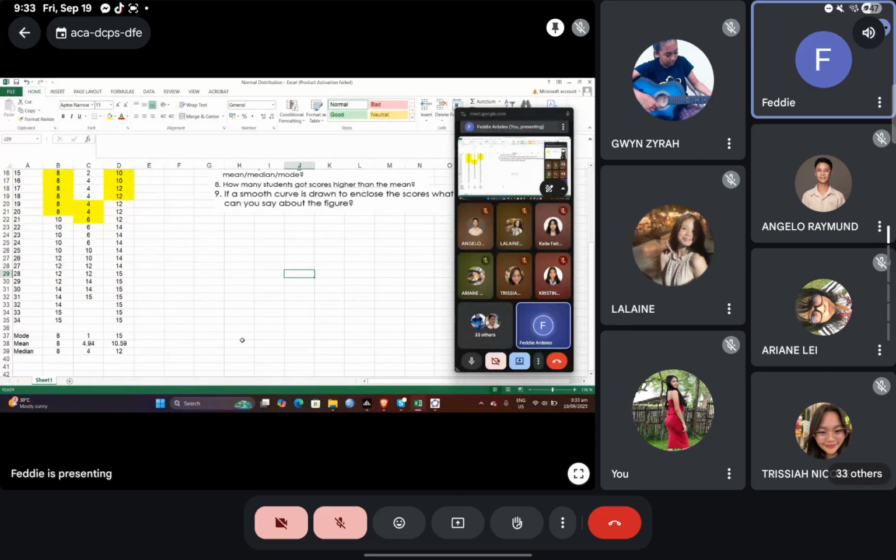So most likely the graph of group 2 appears to be negatively skewed. For group 3, the mean is less than the median and the mode, so group 3 is most likely negatively skewed.